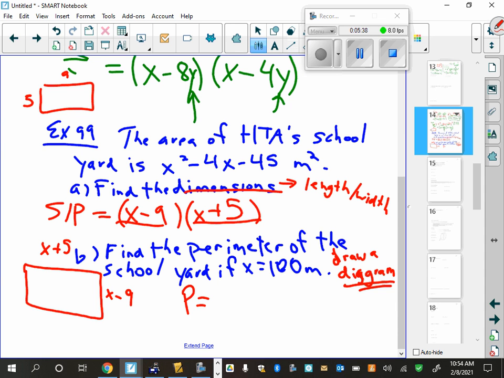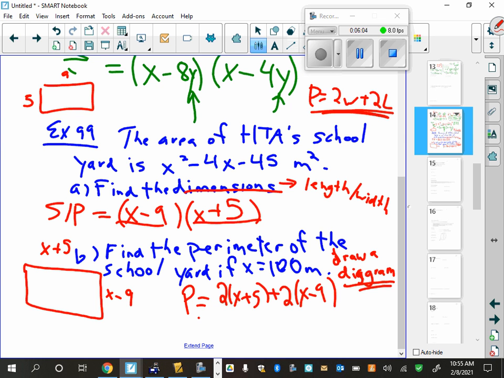Now there's a couple ways of doing this. You could say there's 2 lengths plus 2 widths. That's probably a formula you're used to. Anybody remember that formula? Probably saw that for a perimeter of a rectangle. 2 widths plus 2 lengths. I'm not going to give you that. You have to know all the way around. Okay, so this one is 2x plus 10 plus 2x subtract 18.